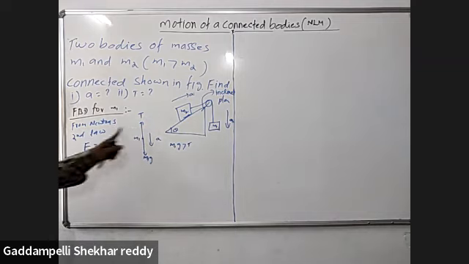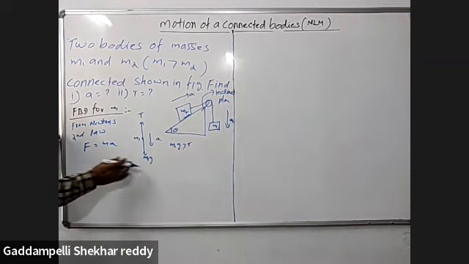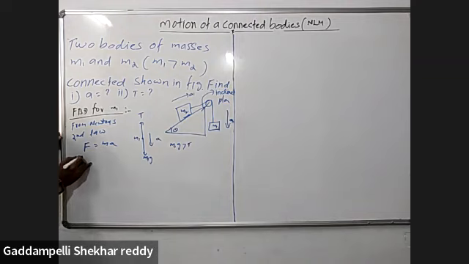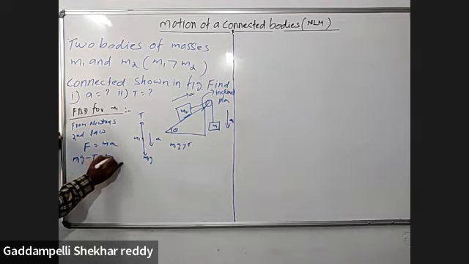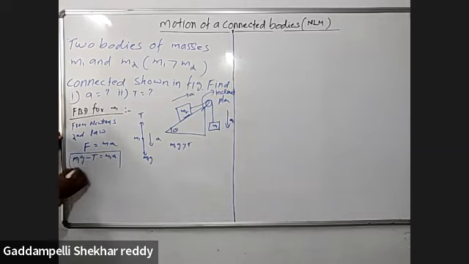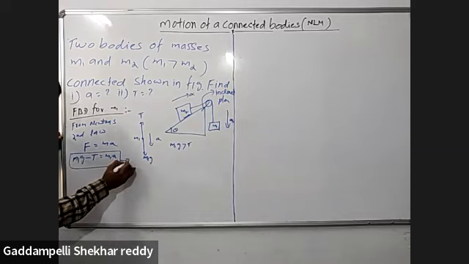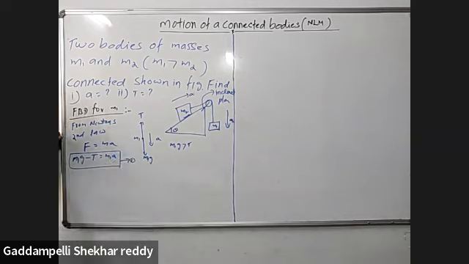The motion is downward, so the net force is downward. So the net force equals the difference between the weight of the body and the tension in the string, with mass M taken as M1. Write this as equation 1: M1G minus T equals M1A.